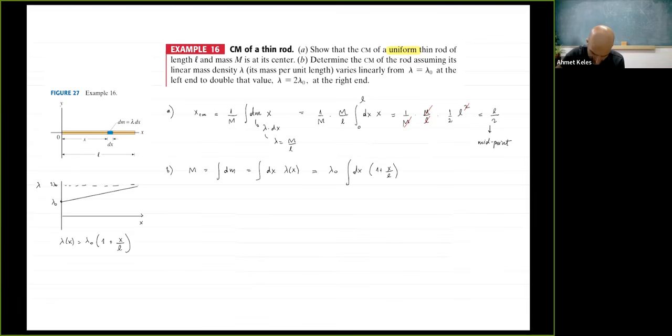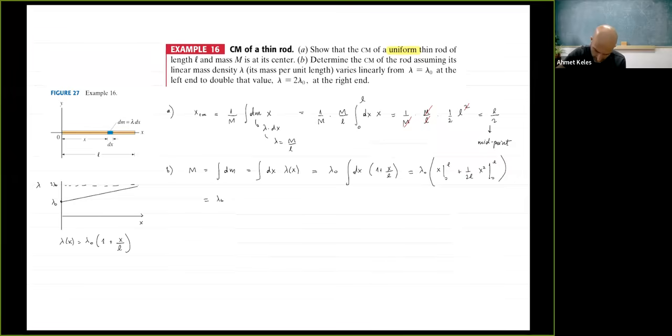And so I need to integrate this. This is going to be lambda 0 times the integral of x from 0 to L plus 1 over 2L x squared from 0 to L. And this should be equal to what?